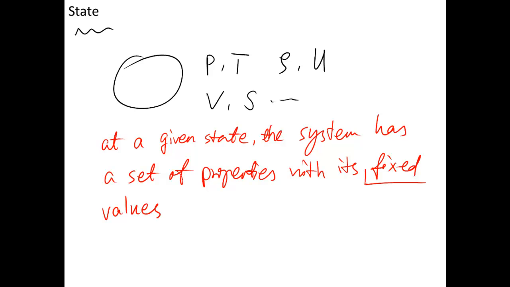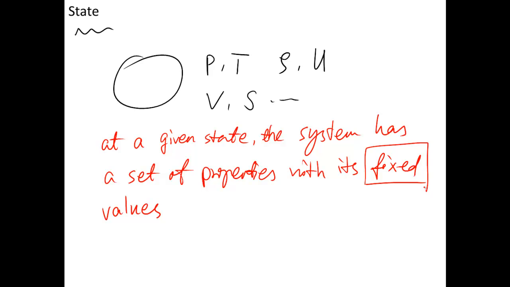So pay attention here, fixed. If the value of any one property changes, the state of this system will change into a different one. So please remember this important conclusion: at each state, each property has a fixed value.